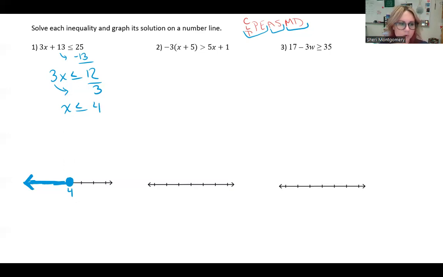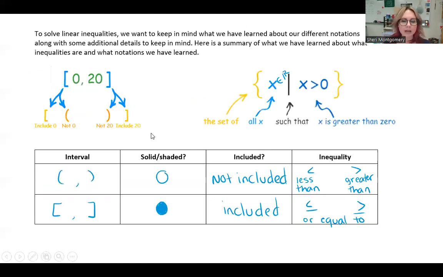And so if you want to go back right here and give yourself a reminder: when you are less than, you shade that direction. And when you are greater than, you shade that direction. It all depends on which way the inequality symbol is pointing.